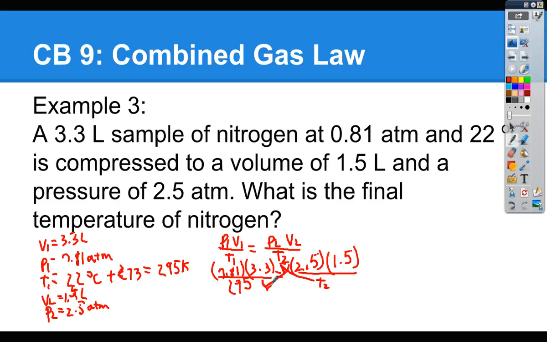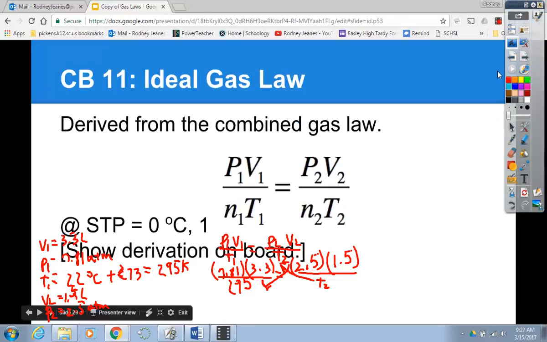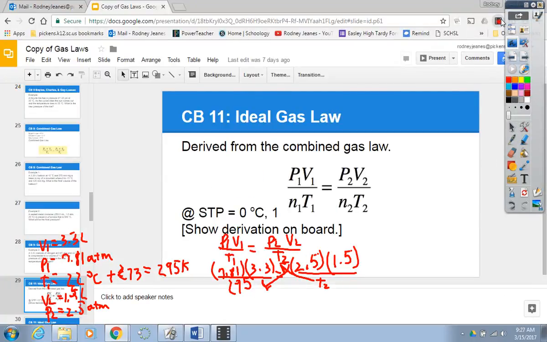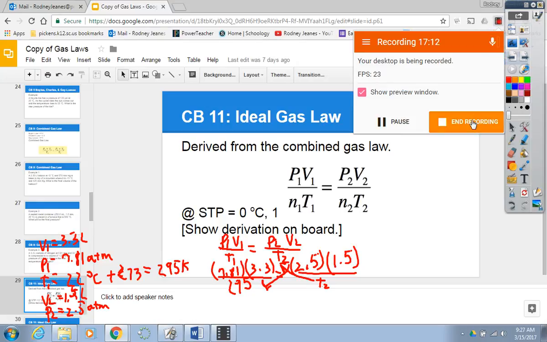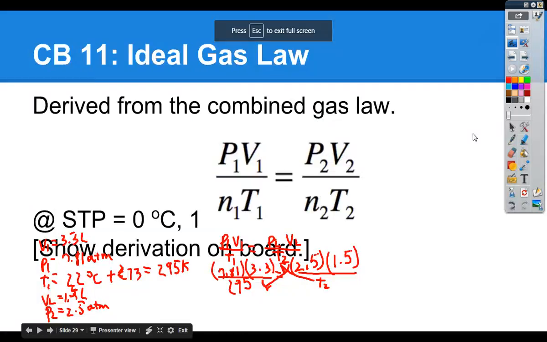Actually, let me start over on that problem and correct a place where I was going the wrong direction.